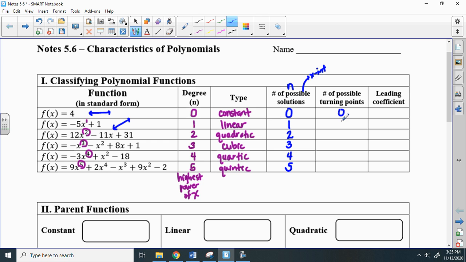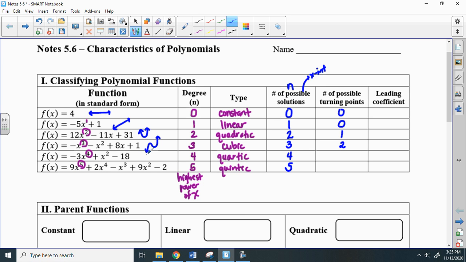It never turns. This is a parabola. It turns once. And then the other ones can turn up to a certain amount of times, but they don't have to. So most cubics look like this, but they don't all have to. The most that it could have is 2.